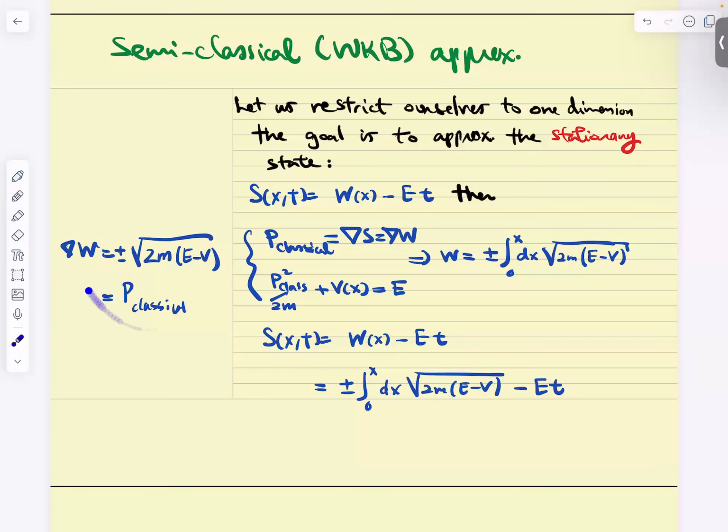Is it clear what I did here? This is the first line, and this is a rearrangement of the second line.